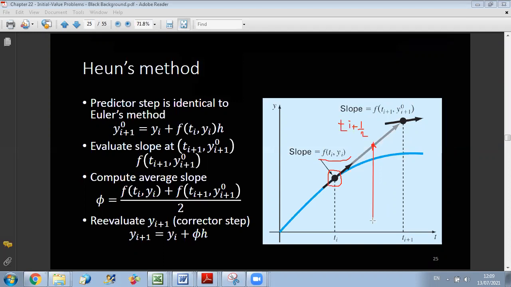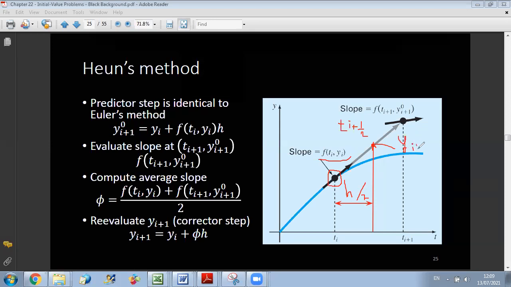So instead of going with a step h, which is the case we use in the Euler method, we just go with a step of h over 2. So now we are applying, if you want, the Euler method just on the interval of length h over 2 to get yi plus half.